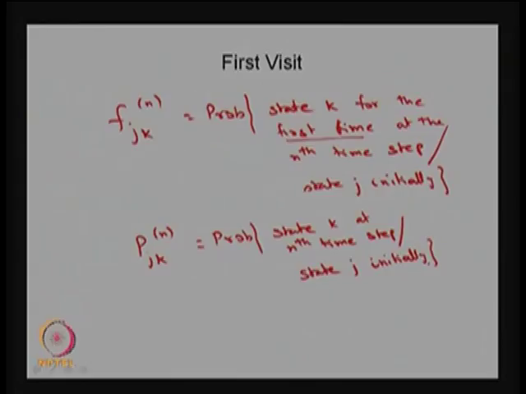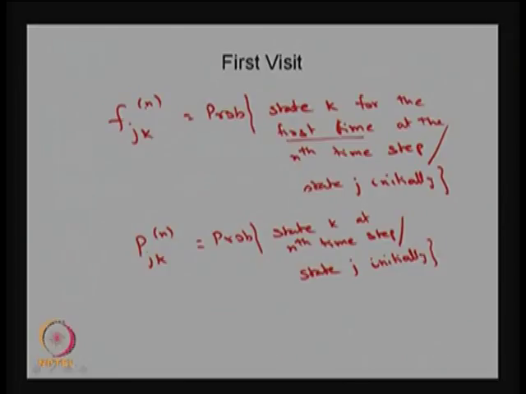The only difference is the first time. That means, p suffix j k of n means there is a possibility the system would have come to the state k before the nth step also. So, that probability is included, whereas f suffix j comma k at the nth step means it is only at the nth step that it reaches the state k.